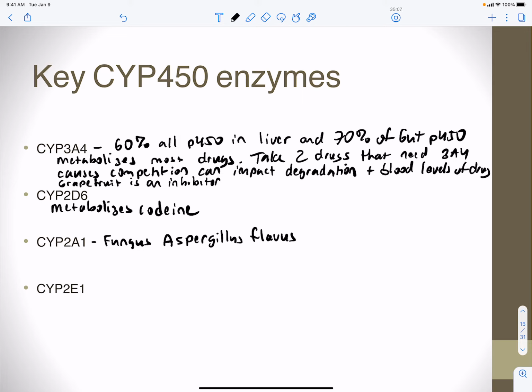So aflatoxin B1 is made by Aspergillus flavus. It's going to release this compound, and it's going to be metabolized by our CYP2A1, and it's going to be made more toxic.